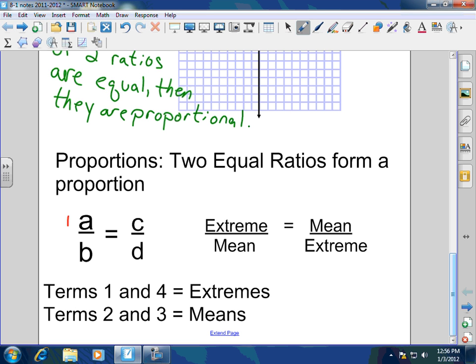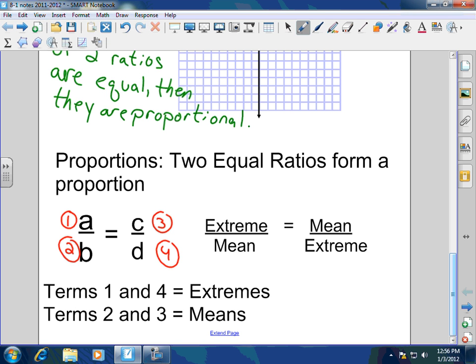So term 1 is A, term 2 is B, term 3 is C, and term 4 is D. A and D are the extremes. B and C are the means.